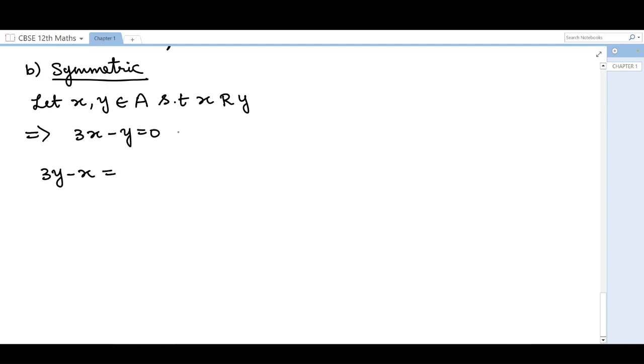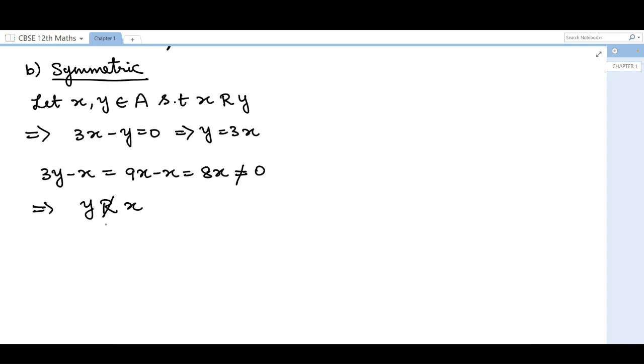But from the above condition, what we know is y equal to 3x. So if you substitute this y value here, you will get 9x minus x, which is equal to 8x. Since x belongs to A, this value can never be 0. So this 3y minus x will not equal 0. So this implies y is not related to x. Though x is related to y, y is not related to x. Therefore, the relation R is not symmetric.